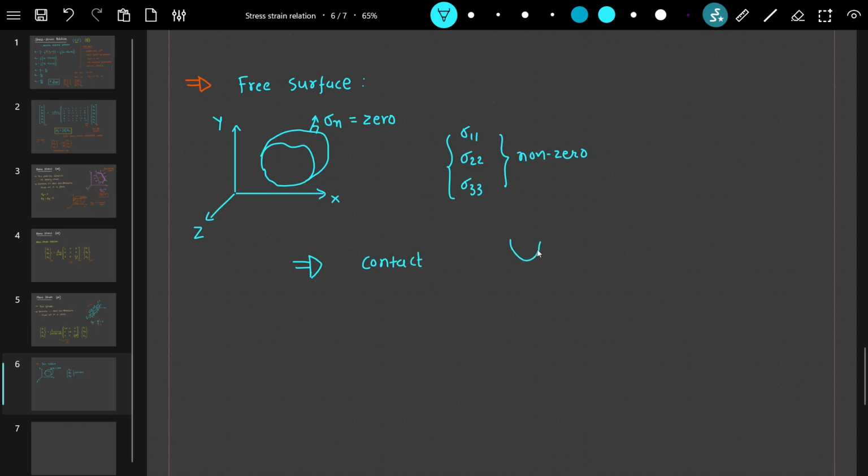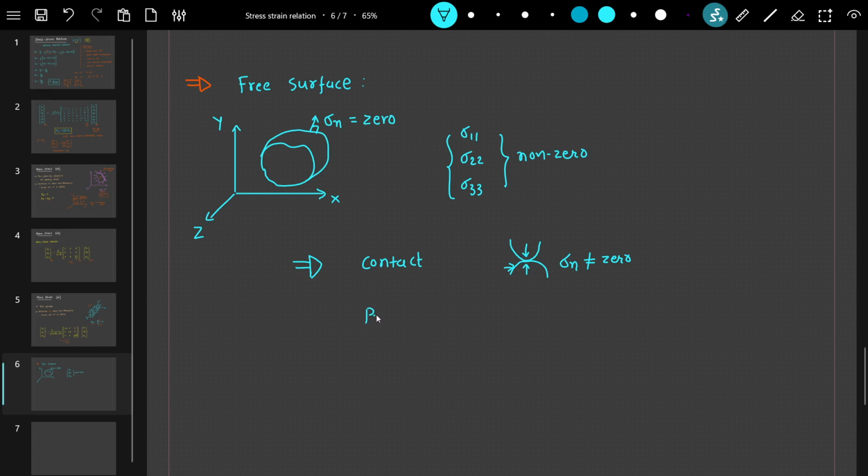When two components are contacting, though this is a free surface, there is resistance from the opposite side, and the stress component in the contact region is not equal to zero. We cannot say it is a free surface because the surface is no more free in the contact.